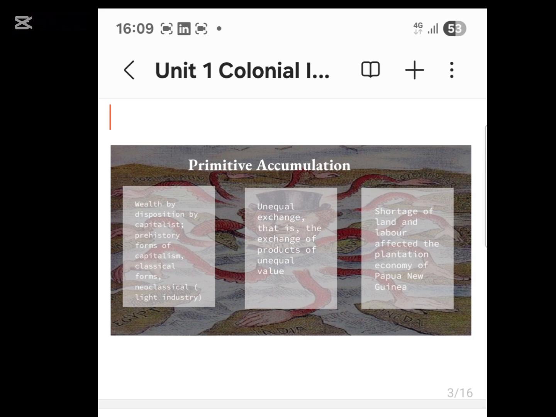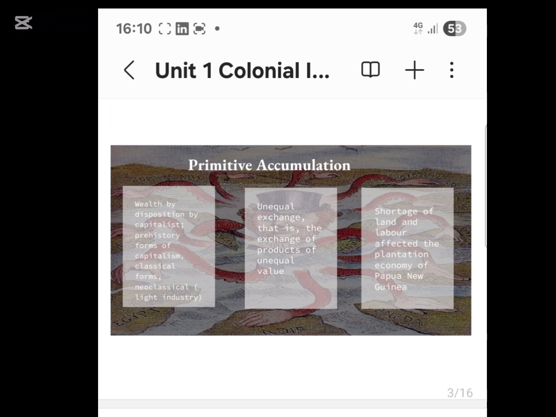So for example, in a plantation system in India, where they recruit labor, they will pay those laborers a lower wage, at the expense of those laborers producing, let's say, tobacco, and then they will sell that tobacco at a higher price. So in that there is an unequal exchange of transaction.